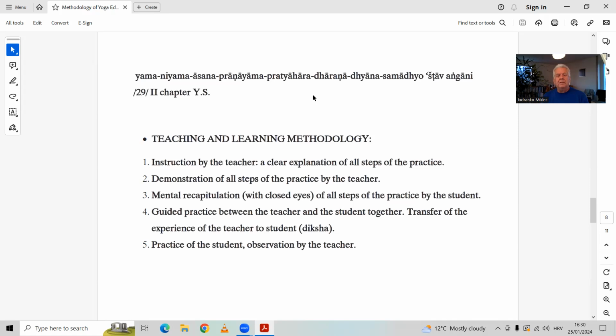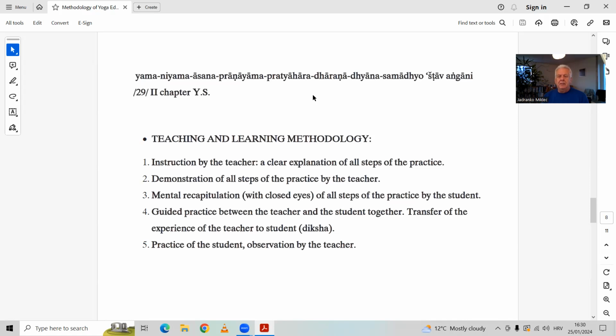Now we will go through the teaching and the learning methodology in relation to any practice from the field of yoga, in relation to any of these 8 limbs.